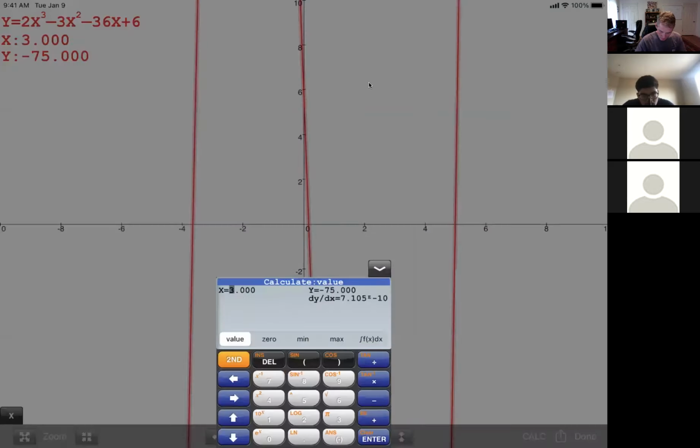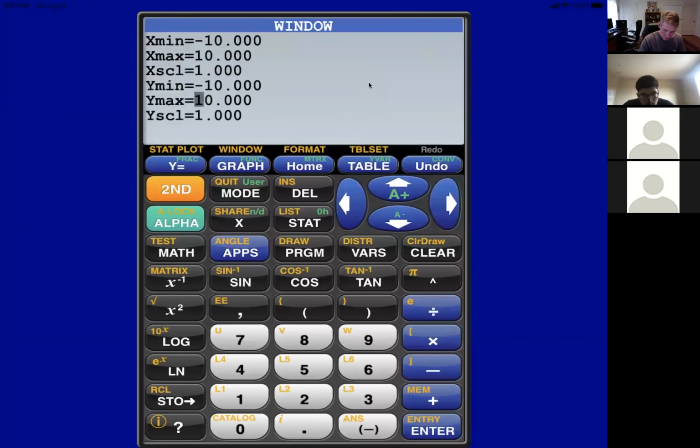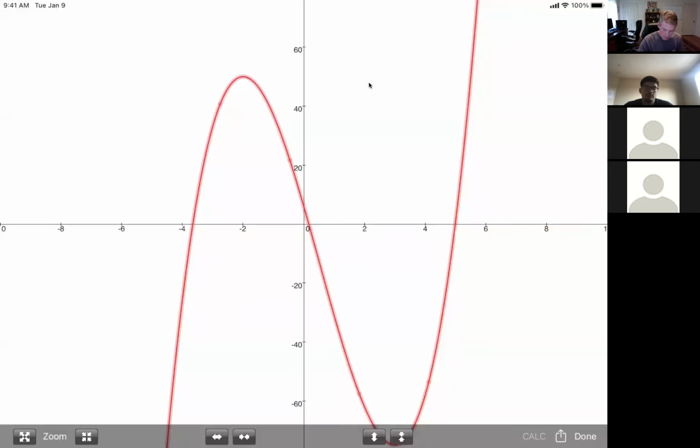So then if it was a regular calculator, I would then go to the window. The x's are fine, but the y's, I'll just make them both 75. -75 to +75. And actually, if it's going to be 75, I should probably go just a little bit more, like to 76, to make sure that it's on the screen. And then graph.